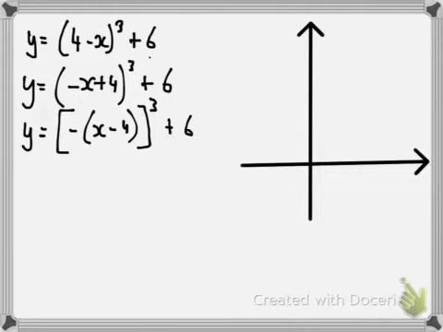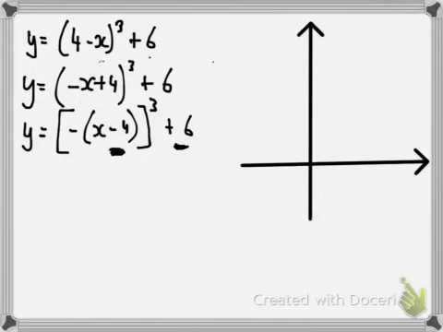Plus 6. Now in doing that, what it reminds me is that when I'm looking at my point of inflection, I'm going to the right 4 places and up 6 places. Now there's a shortcut here. You can remember after a while that in 4 minus x situations, your point of inflection is 4, not negative 4, and 6.